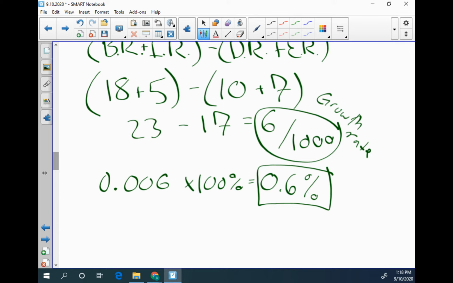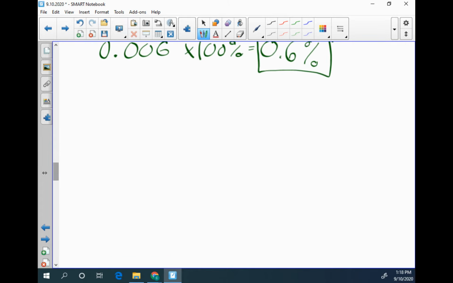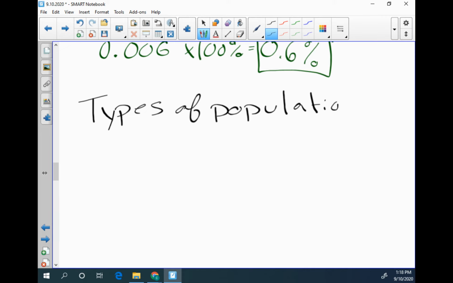So now we've got types of population growth. Where we're headed next. There are two types of population growth: exponential and logistic.